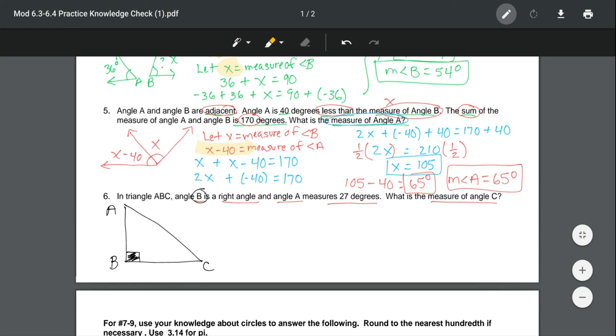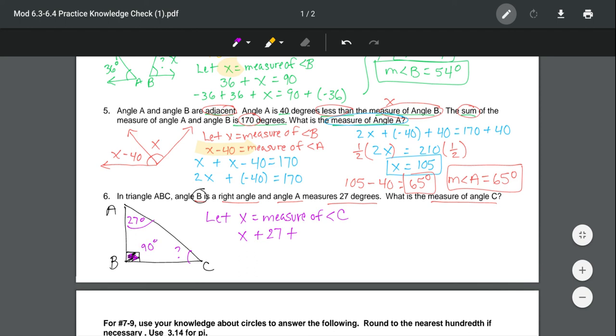And then we're told angle A is 27 degrees. We want to know the measure of angle C. So I'm going to let x equal the measure of angle C. Okay, so you have to remember that the angles in a triangle add up to 180 degrees. So that means that x, which is angle C, plus 27, which is the measure of angle A, plus the measure of angle B, which is 90 degrees.